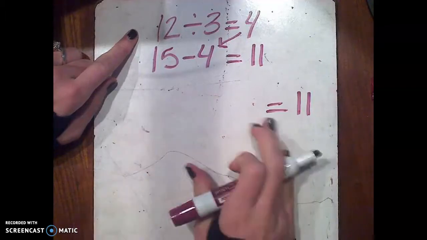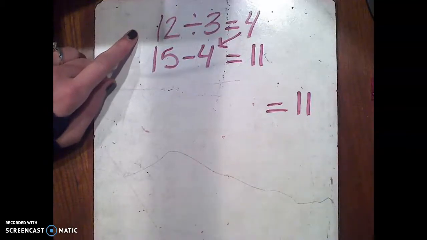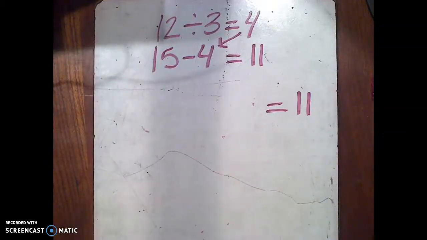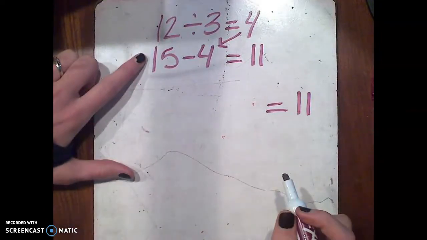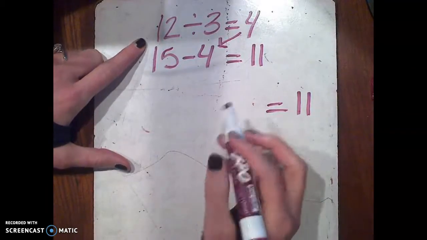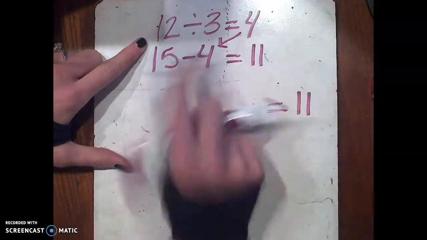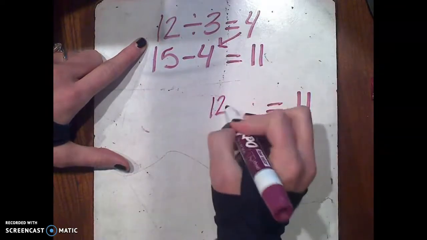Okay, so what I'm going to do now is figure out how I'm going to get to my 11. This is kind of like exploring. We're trying to explore this associative property using parentheses. So I am going to look at my numbers here. 12 divided by 3, that's how I get my 4. So those numbers need to stay together, 12 divided by 3.